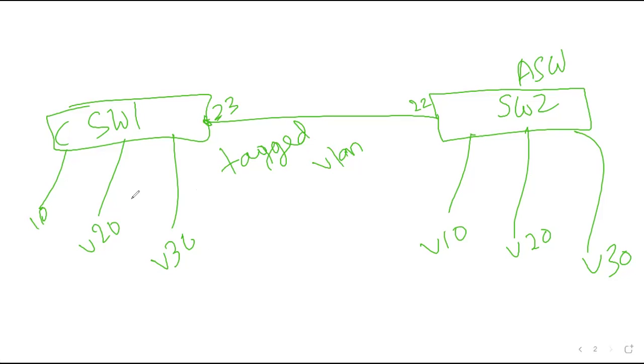Let's say every VLAN, which is 10, 20, 30, is communicating to another switch on the same VLAN. They must go through the trunk port, and every time traffic passes through the trunk port, it is going to check which VLAN it is. That's called VLAN tagging, tagged VLAN. Okay, so think about a specific VLAN which is communicating on a daily basis more than other VLANs.